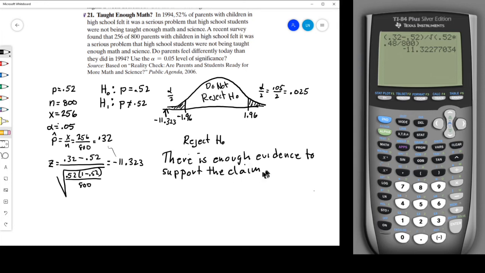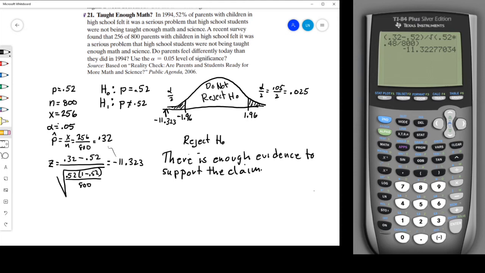I'm going to end the sentence there, but I would finish that sentence by stating the claim: there is enough evidence to support the claim that parents do feel differently today than they did in 1994 about whether high school students are being taught enough math and science.